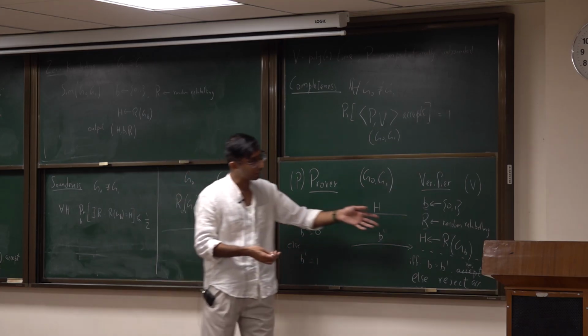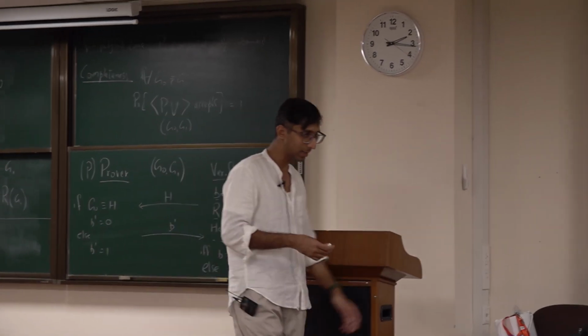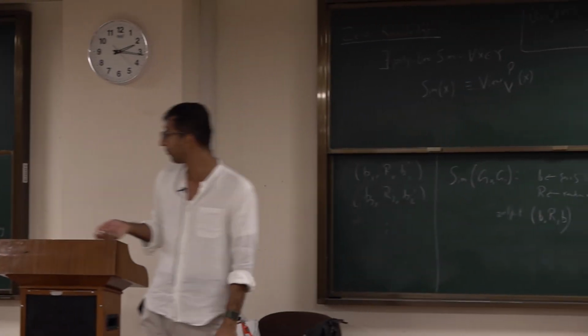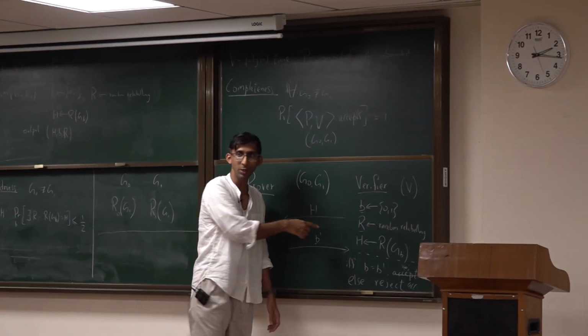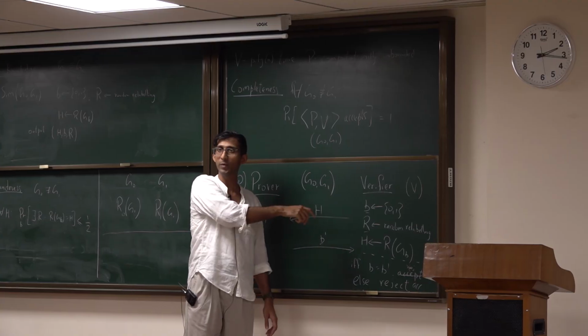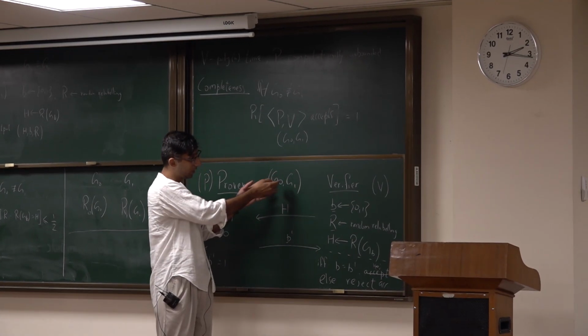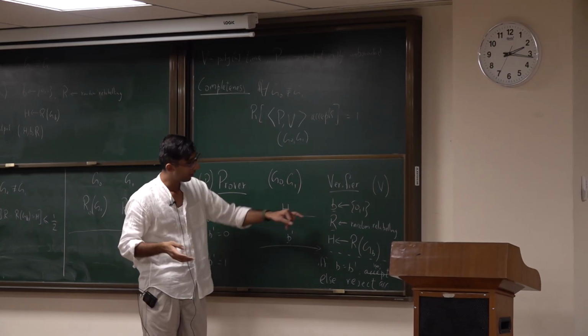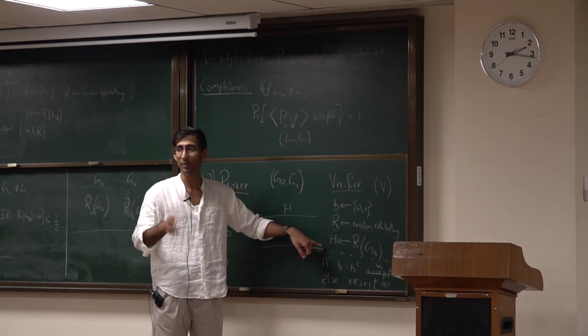Now in this case, if the verifier followed this protocol, followed the algorithm we have written down here, then it doesn't learn anything new, because if it generates this H as a random relabeling of G0 or G1, then it already knows whether H is isomorphic to G0 or not. If G0 and G1 are not isomorphic, and B was 0, then the verifier knows that H is isomorphic to G0.